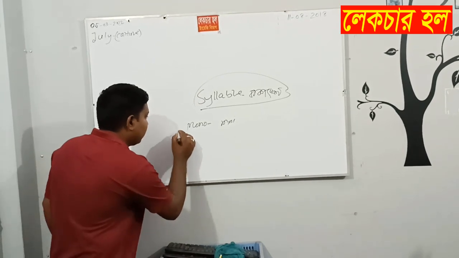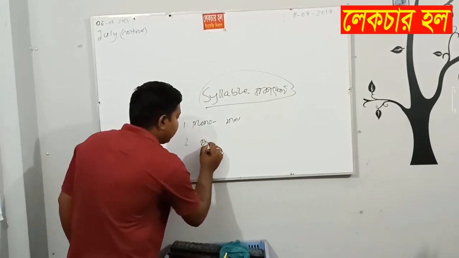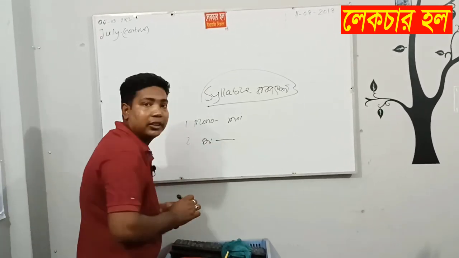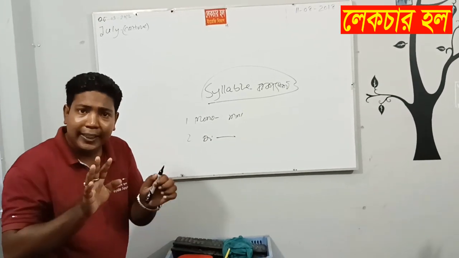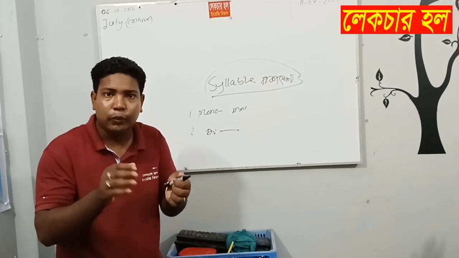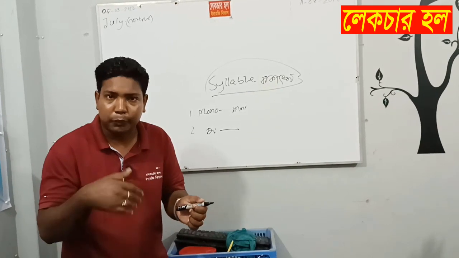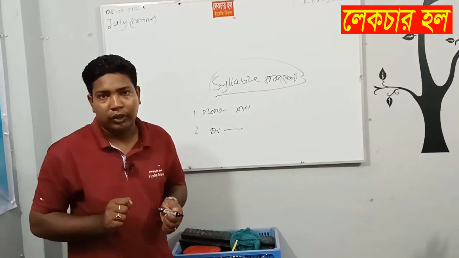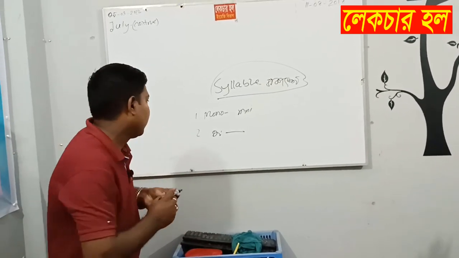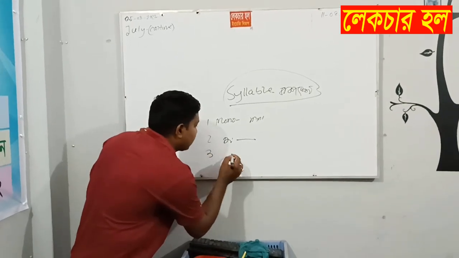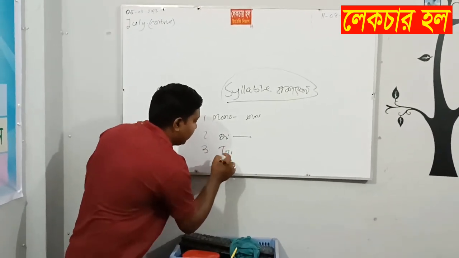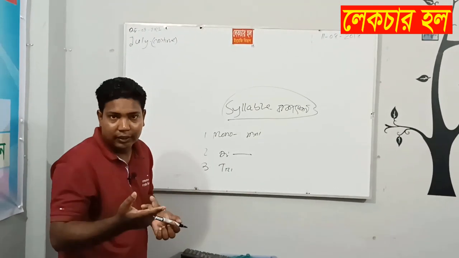Second one is called disyllable. It's divided into two parts. Any large or any giant word, you divide into two parts in pronunciation, it's called disyllable. That means two. Number three is called trisyllable. It doesn't mean try.